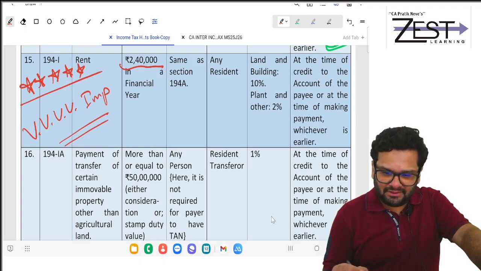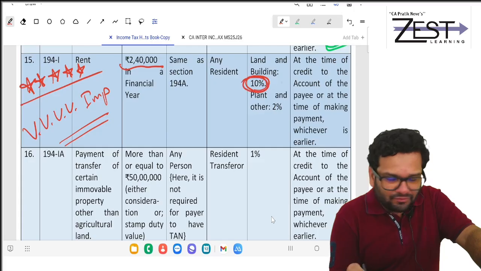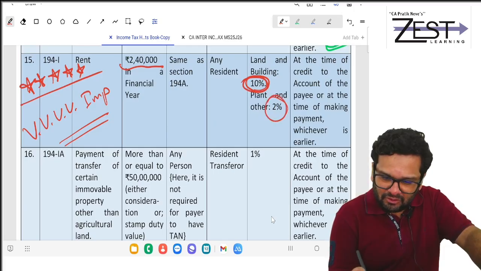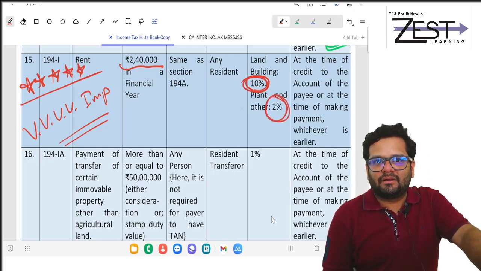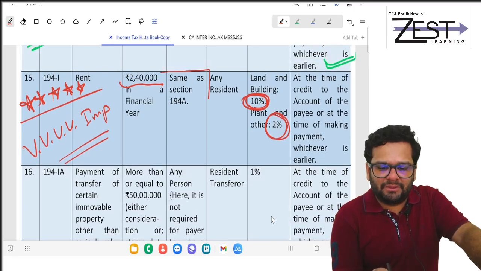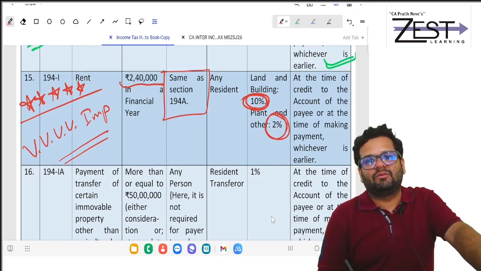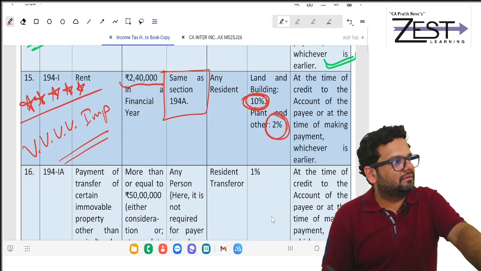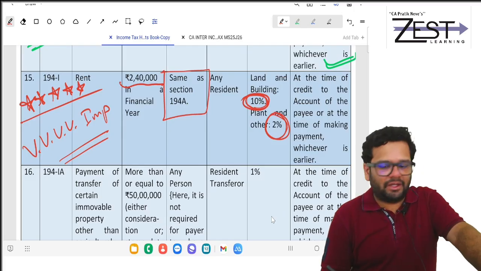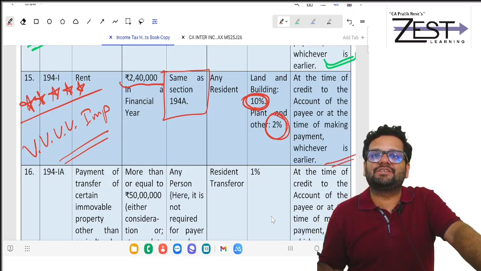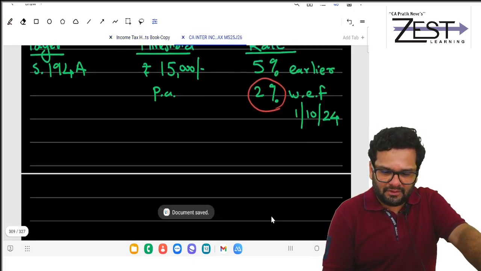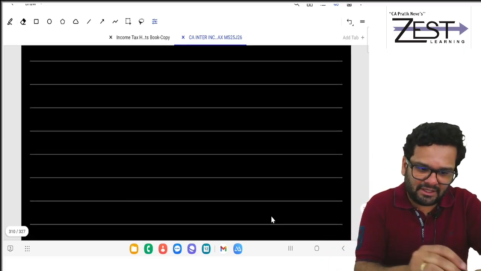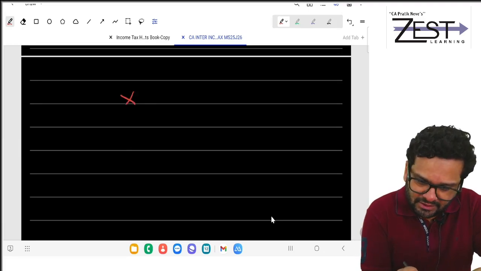Rate of TDS, if the rent is for land and building, 10%, and for plant and machine etc., 2%. The payer is like normal business payment, same as 194A. When to deduct, same as any other business payment, at the time of credit or at the time of payment, whichever is earlier. Please, let's analyze without any laziness.